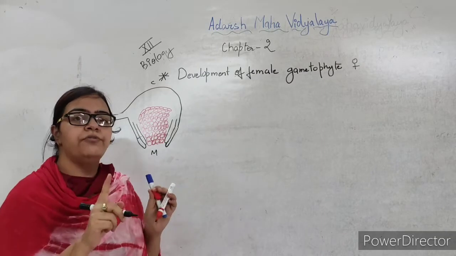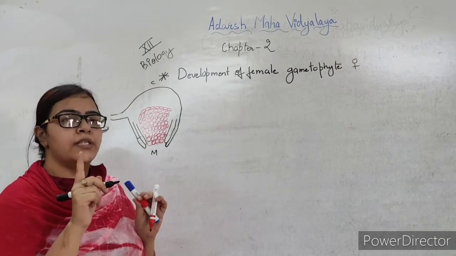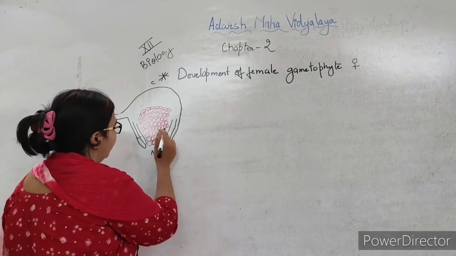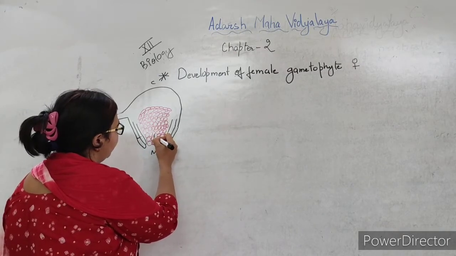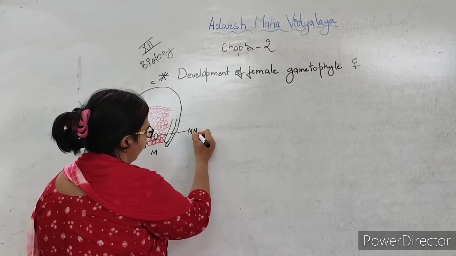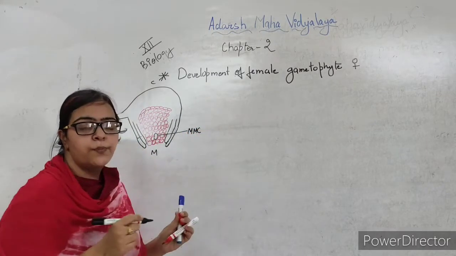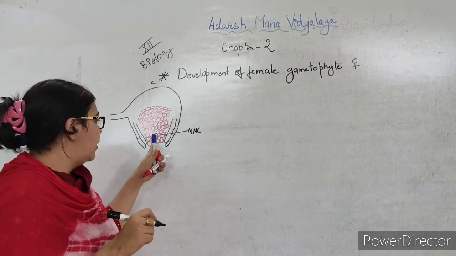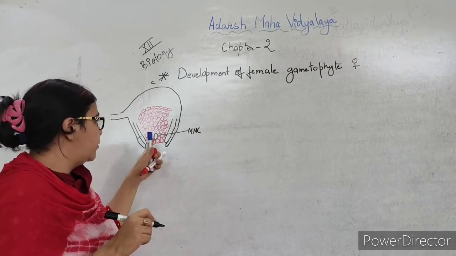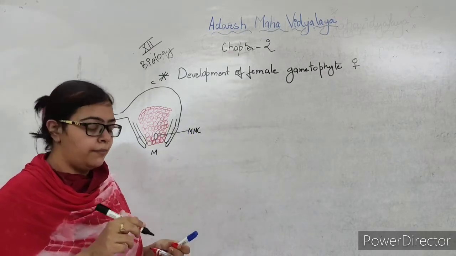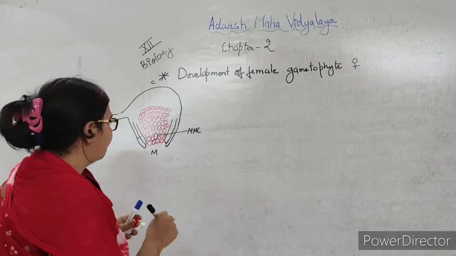Now one of the cells of the nucellus near the micropylar end will develop into MMC, that is megaspore mother cell.